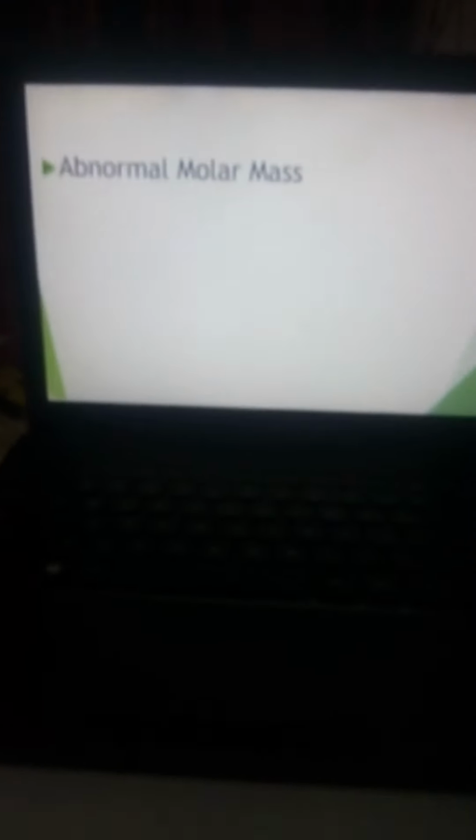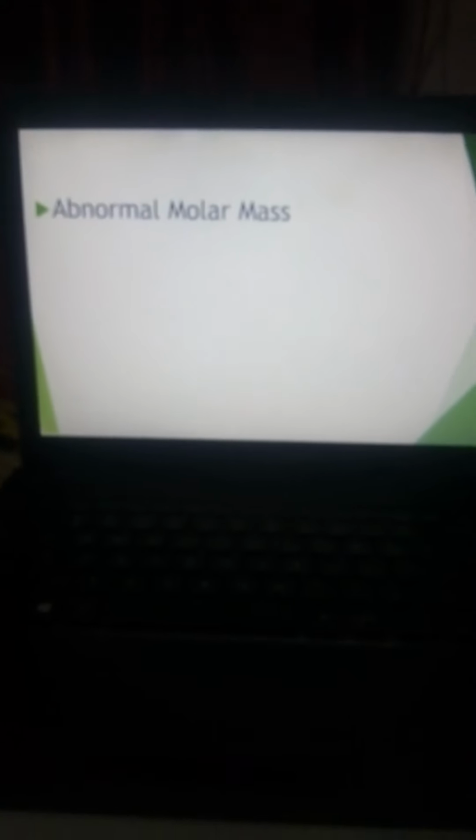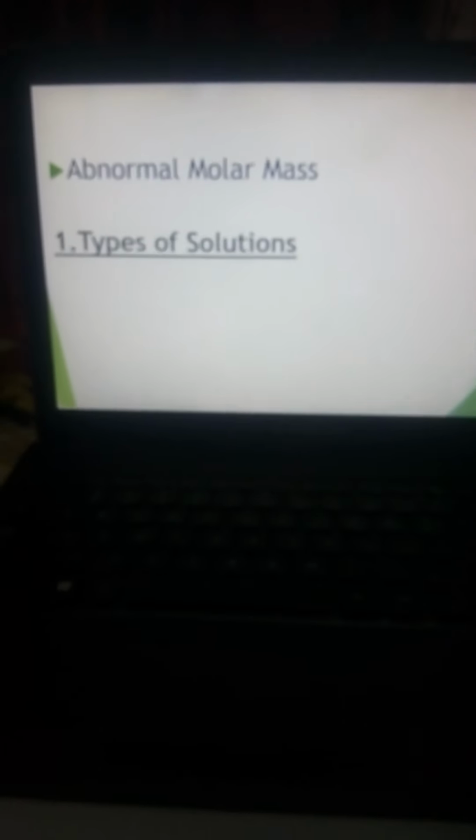Then the last topic we have to study is abnormal molar mass. So these are the topics covered under this chapter, and we have to discuss them one by one. Today we will discuss the first topic, types of solution.